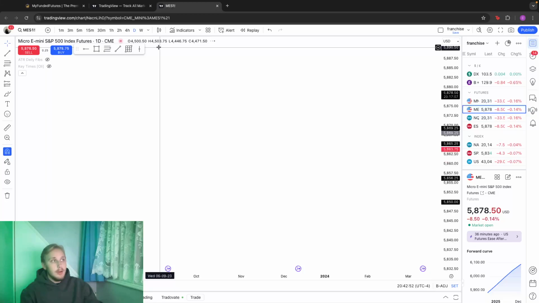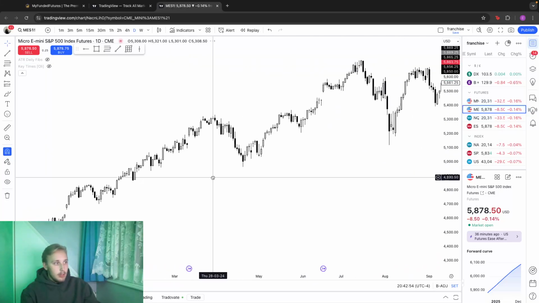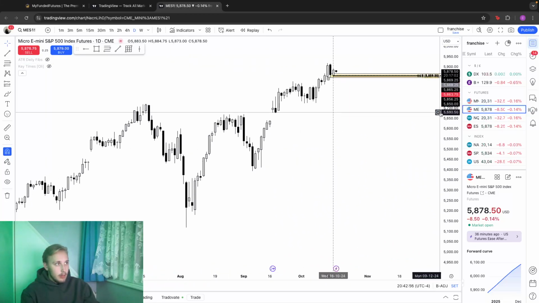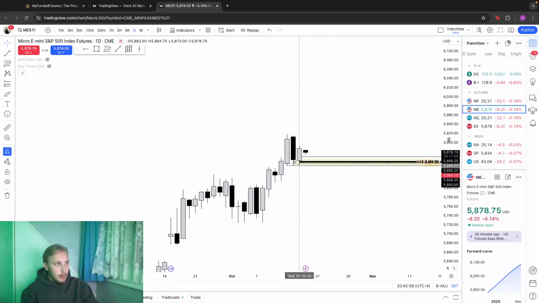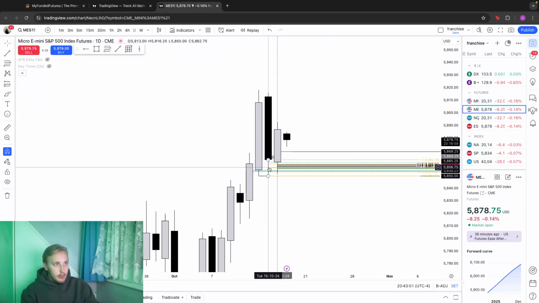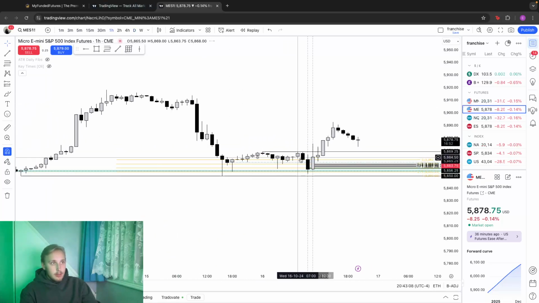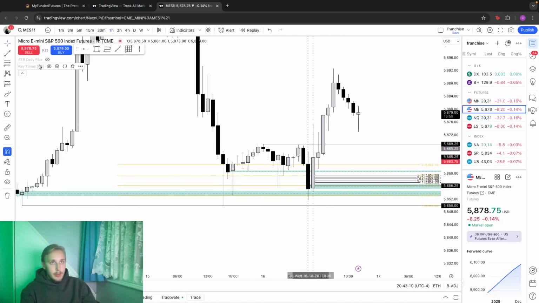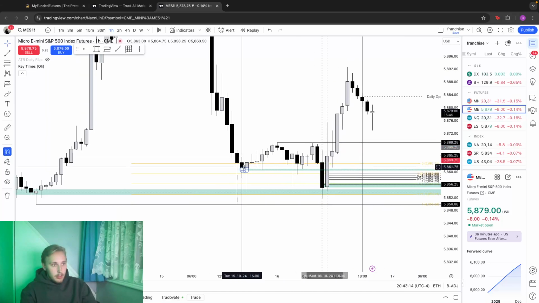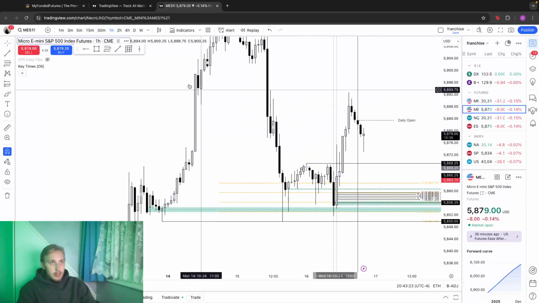We then also marked out our previous day low wick, which is this with the quadrants, and then we also marked out our new day opening gap, which we closed here and opened here. So that's all we had marked on the chart.